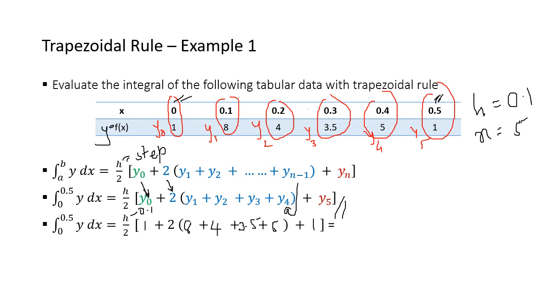If you do that calculation using a calculator, it comes out to be 2.15. So that is the value of the integration from 0 to 0.5 of y dx, when those are the values of x and y given.